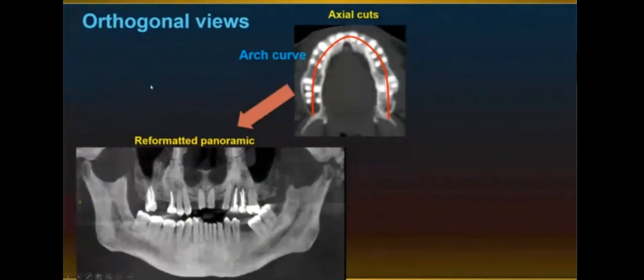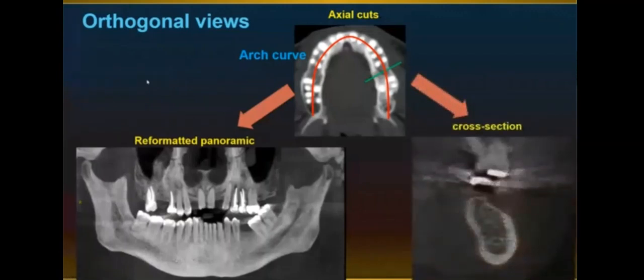After getting the correct panoramic image, a series of cuts is generated perpendicular to the arch curve, which is called the cross-sectional cut. The cross-sectional cut shows the buccal and the lingual dimensions of bone as well as the vertical dimension of bone.